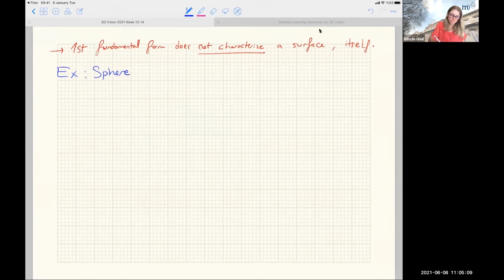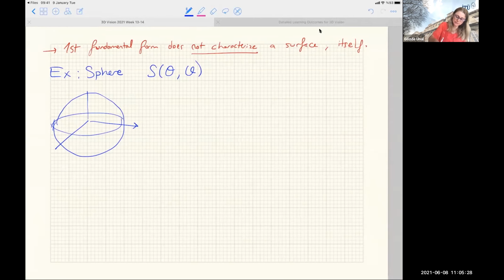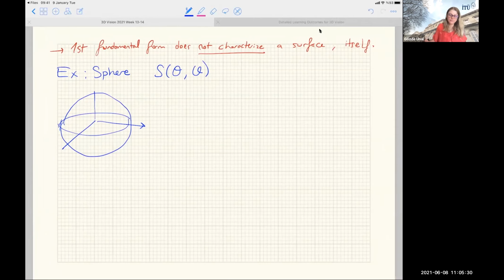Of course, it's a sphere, right? In R3, let's say, I have U and V, but you see it's a 2D manifold. Typically, remember, we name the parameters as theta and phi. So, for instance, a typical parameterization is cosine phi, sine theta, sine phi, right?